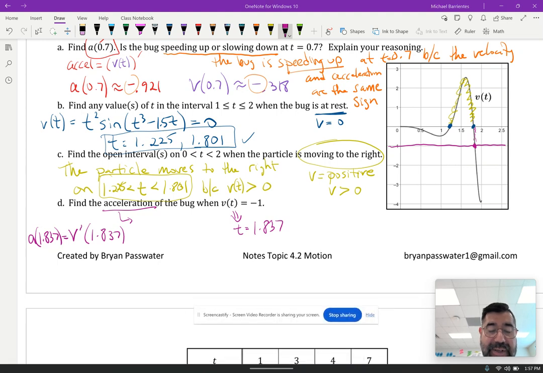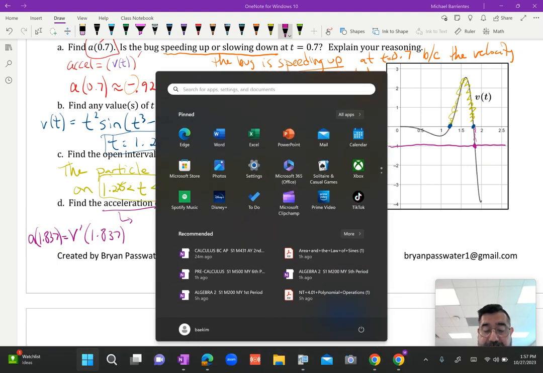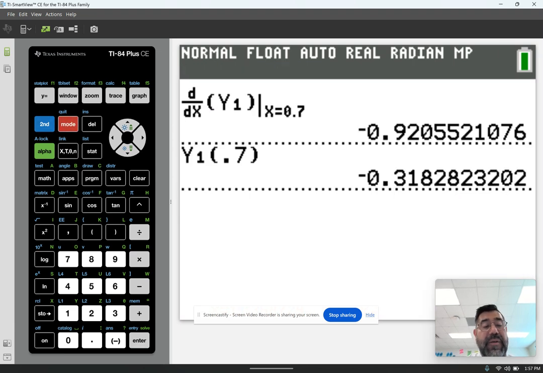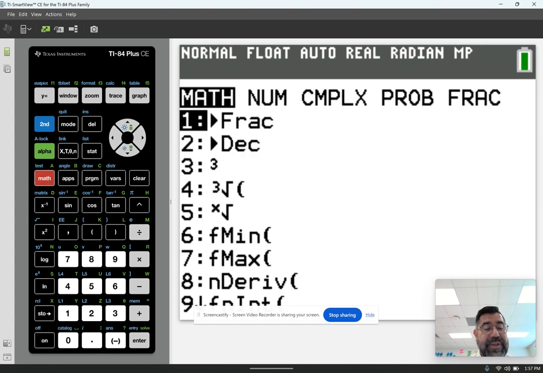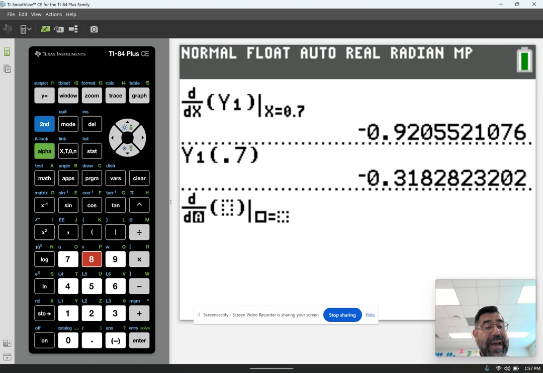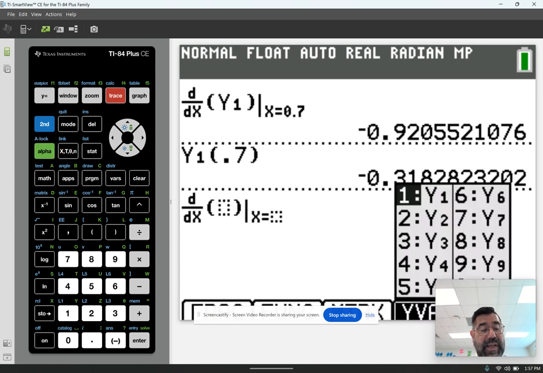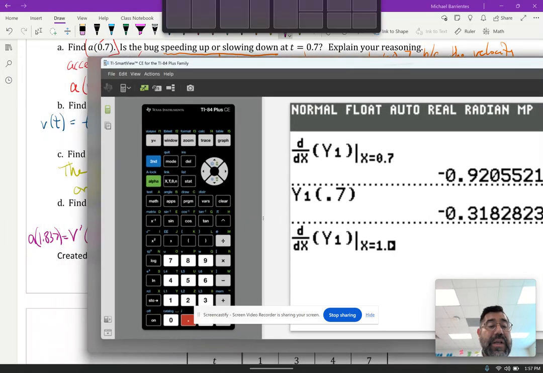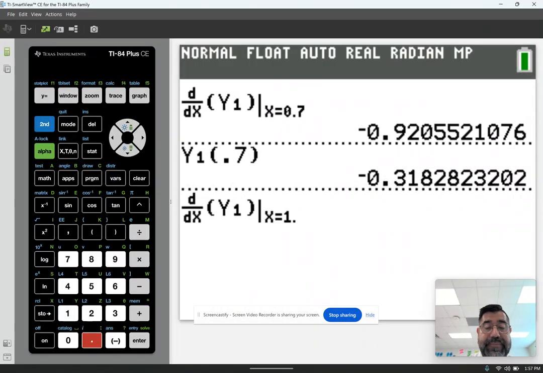So I go back to my calculator and say, hey calculator, go to the home screen. We're going to run a derivative because we want the acceleration. We already have the variable. We already have the formula. Alpha trace can allow us to put y1 in there. And now we have the actual time where that's going to happen, 1.837.